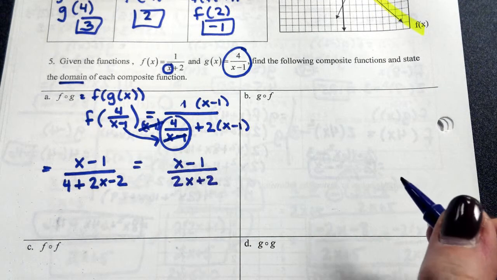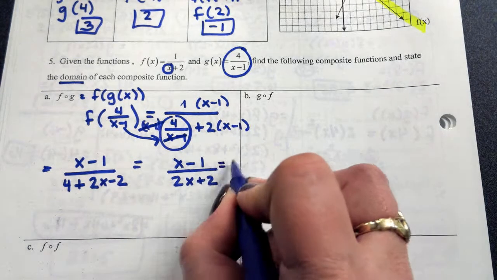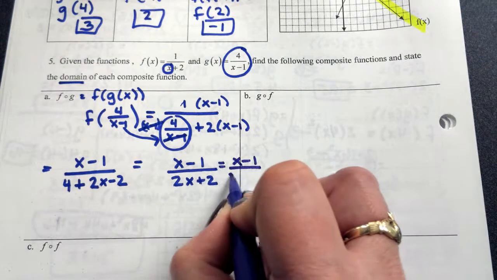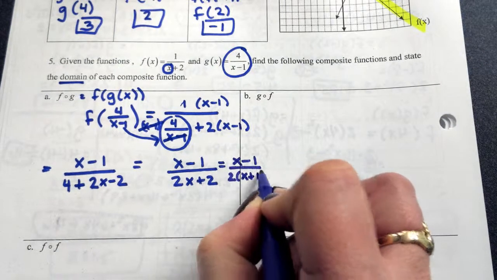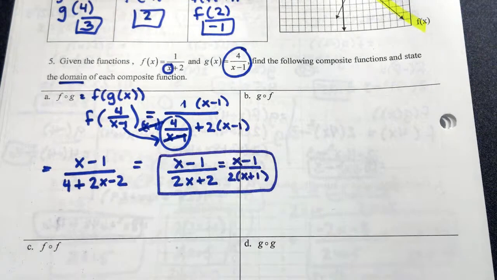Any questions on how I simplified that complex fraction? Now you can factor the denominator to see if you can simplify it, which you find that you can't. So that's your final answer. Any questions on how I did a composition with those rational functions?